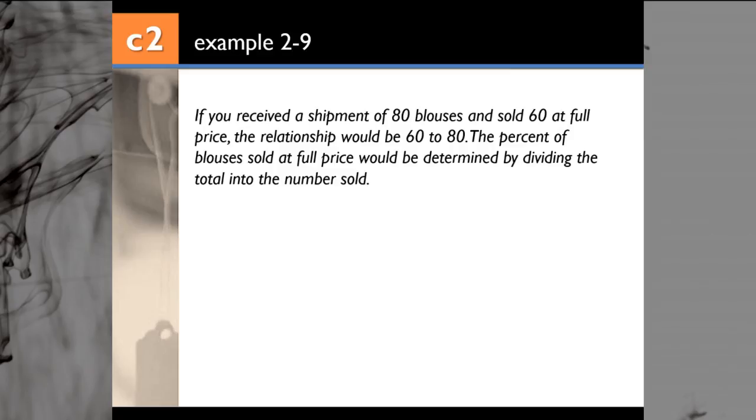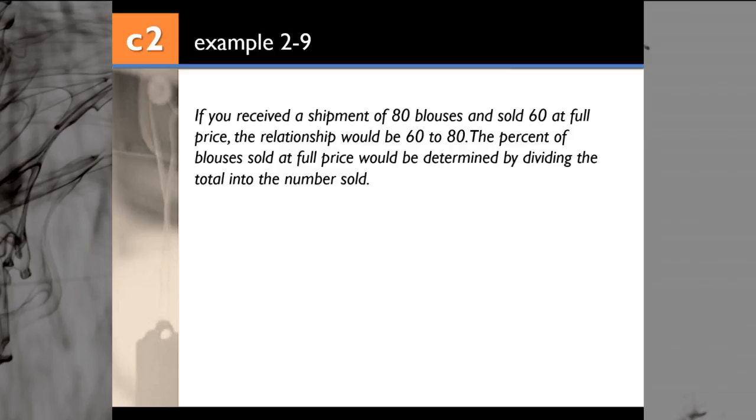Let's look at an example. Imagine you receive a shipment of 80 blouses and sold 60 at full price. The relationship would be 60 to 80, so you sold 60 blouses out of 80. You can also calculate the percentage of sales.